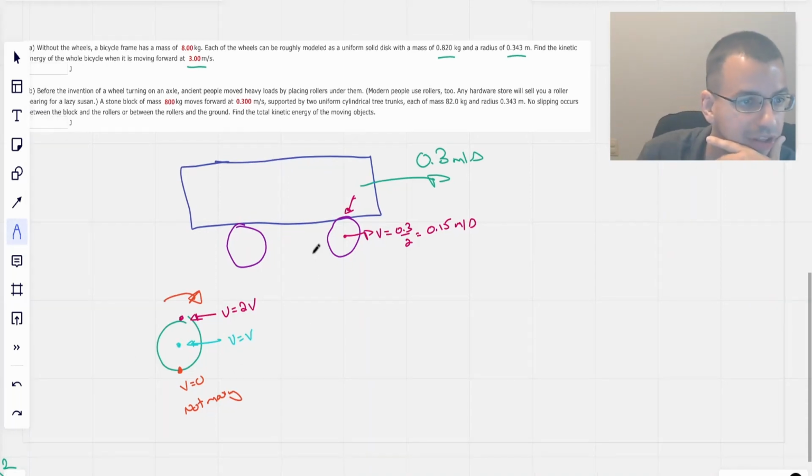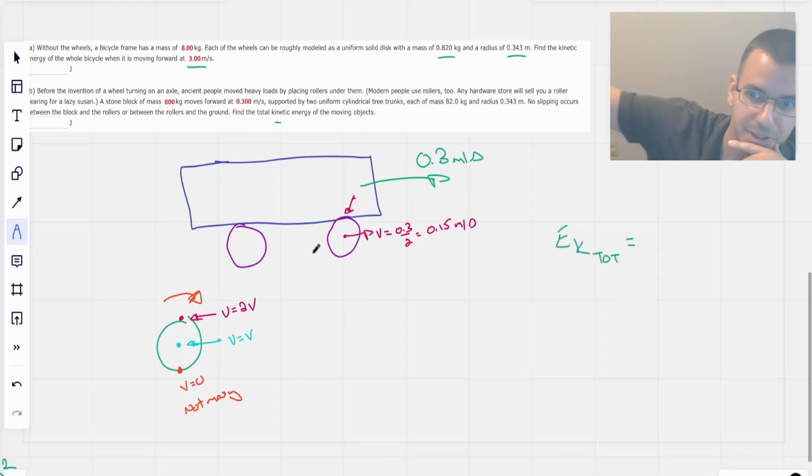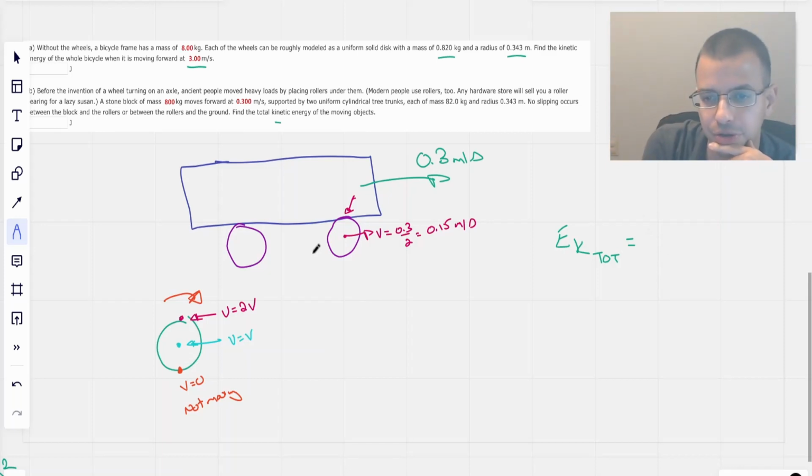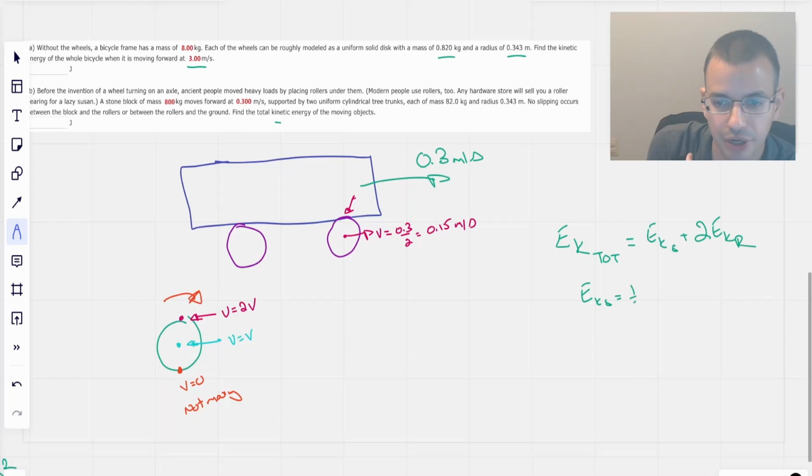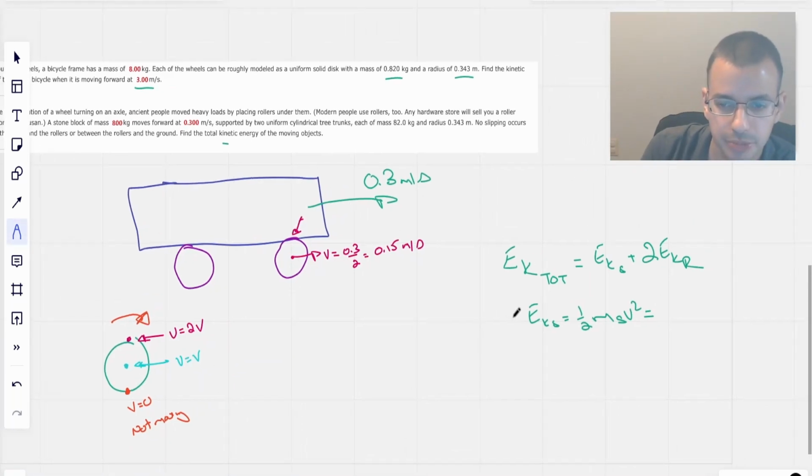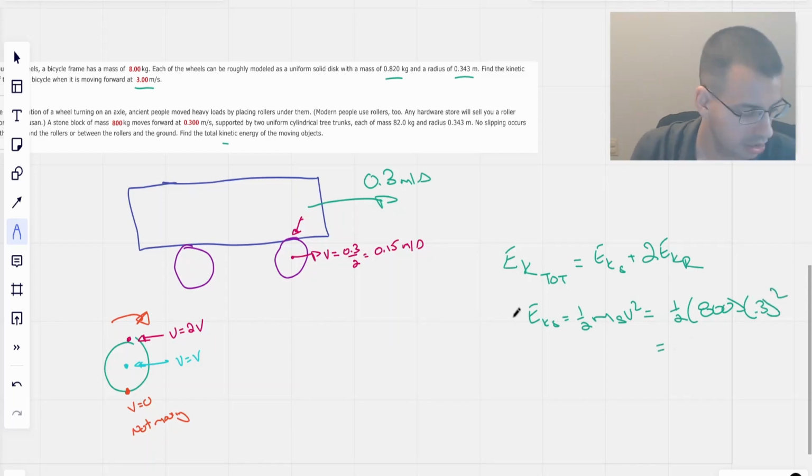Okay, so now we want to find the total kinetic energy of the objects. At this point, we're going to do the exact same concept we did before. Energy kinetic total is energy kinetic of the slab plus 2 times energy kinetic of the rollers. Energy kinetic of the slab is 1/2 m slab v squared, which is going to be 1/2 times 800, quite the beefy slab, times 0.3 squared.